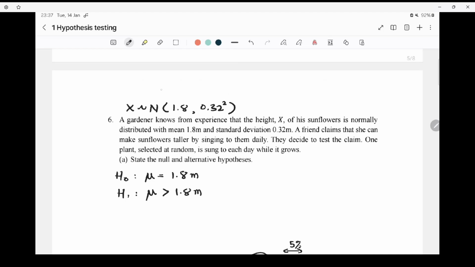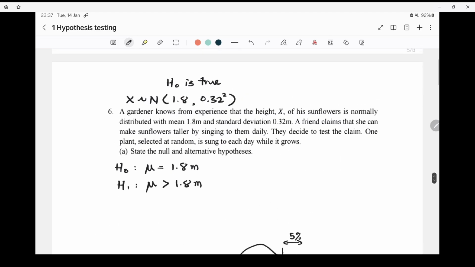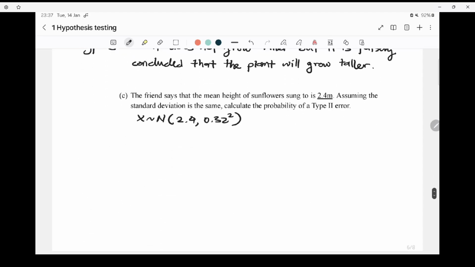So this is the test statistic for when H0 is true. Now you have a different test statistic: 2.4 and 0.32 squared. This is the test statistic for when your H0 is false.